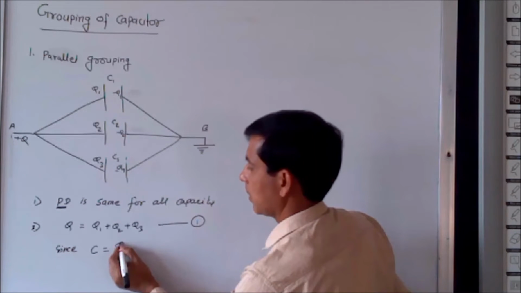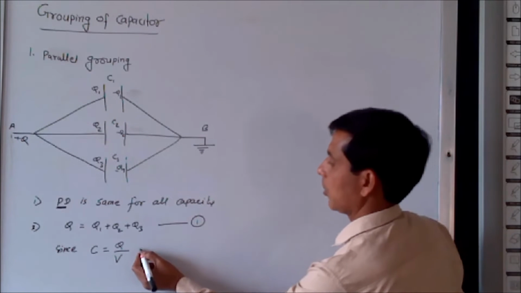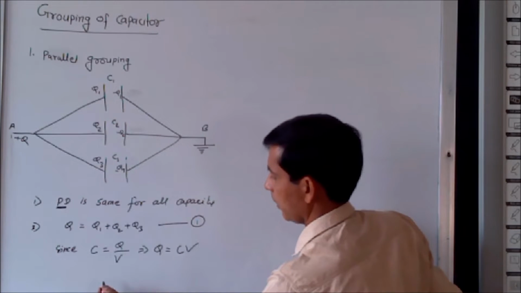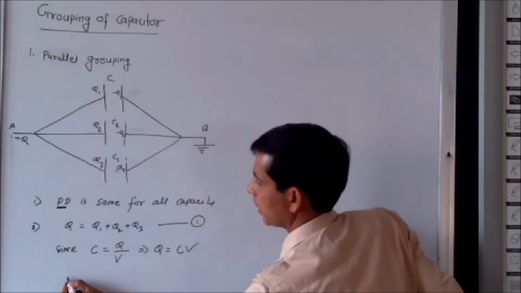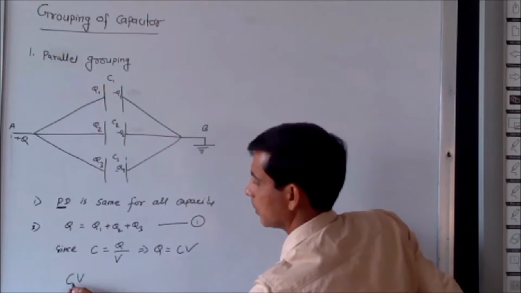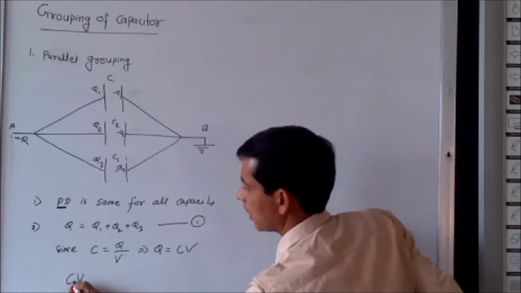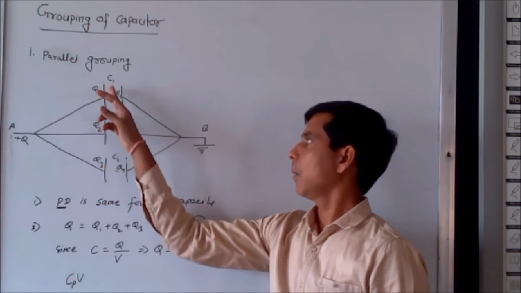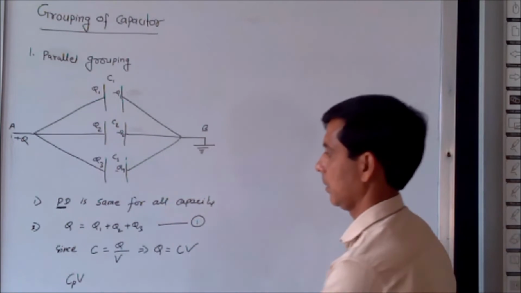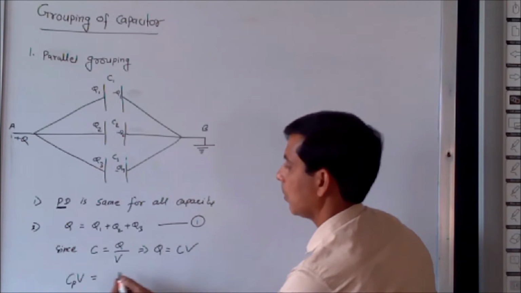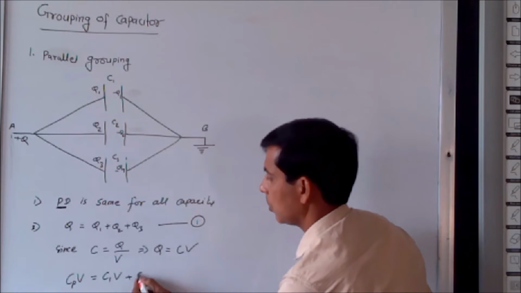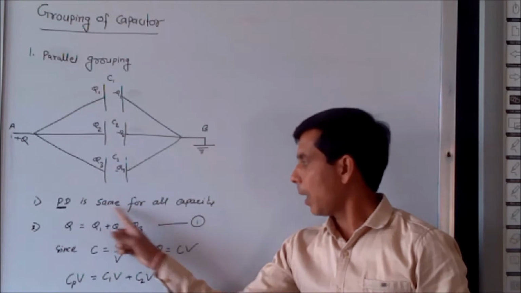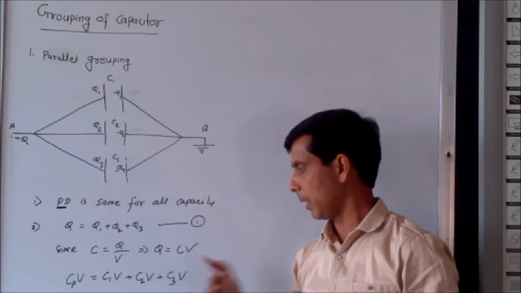Since capacity is equal to Q by V, Q can be written as C into V. Using this in equation 1, in place of Q we get CV, where C is the resultant capacity, written as Cp for the parallel combination, into V equal to C1 into V, C2 into V, C3 into V, where V is the same for all capacitors, not taken as V1, V2 and V3.